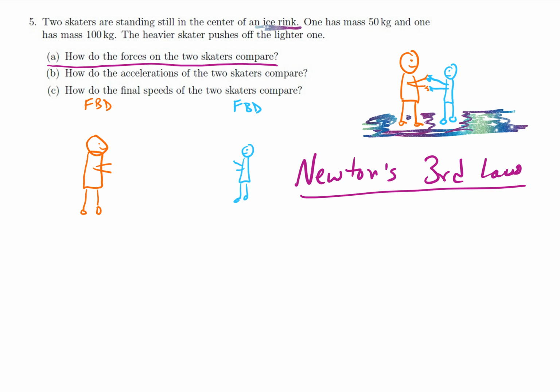So that means if the heavier skater pushes on the lighter skater with a certain force F, then there must be a force exerted by the lighter skater back on the heavier skater that's the same magnitude but opposite direction. So we would say, how do the forces on the two skaters compare?